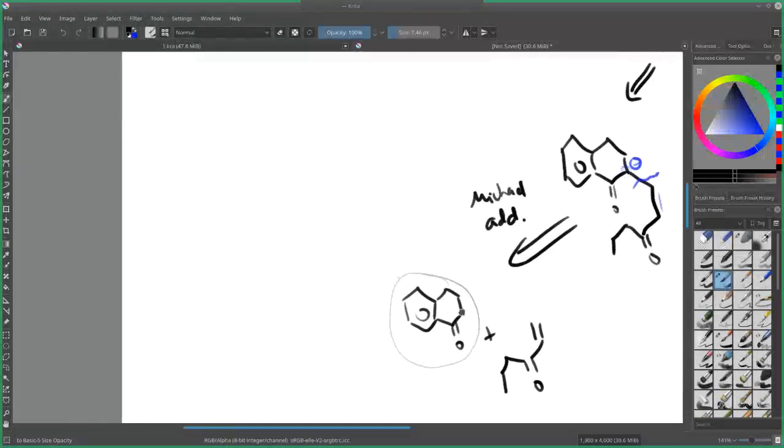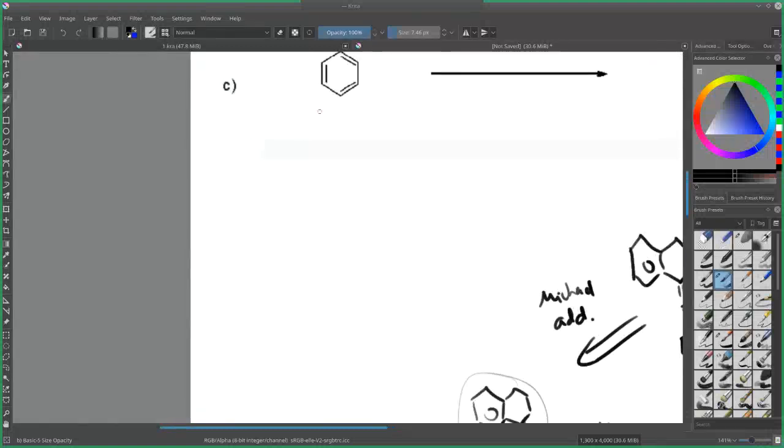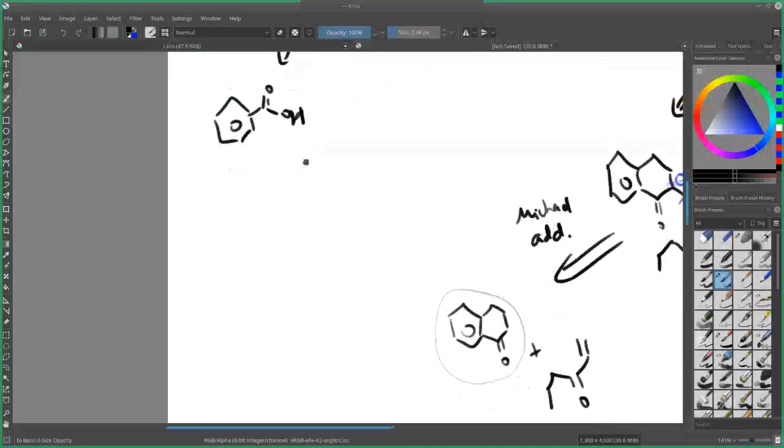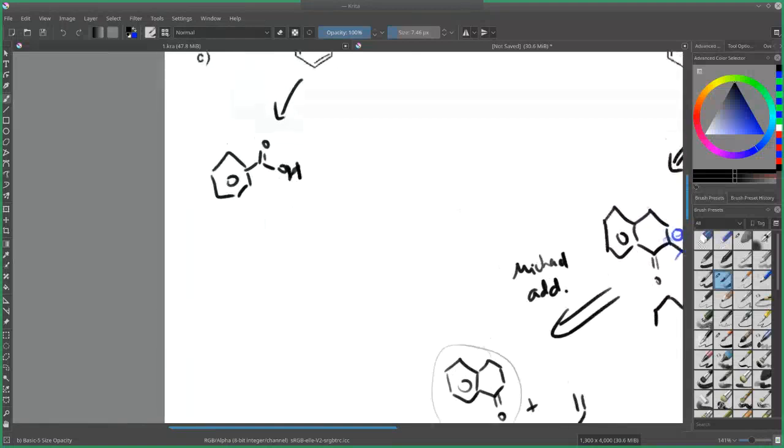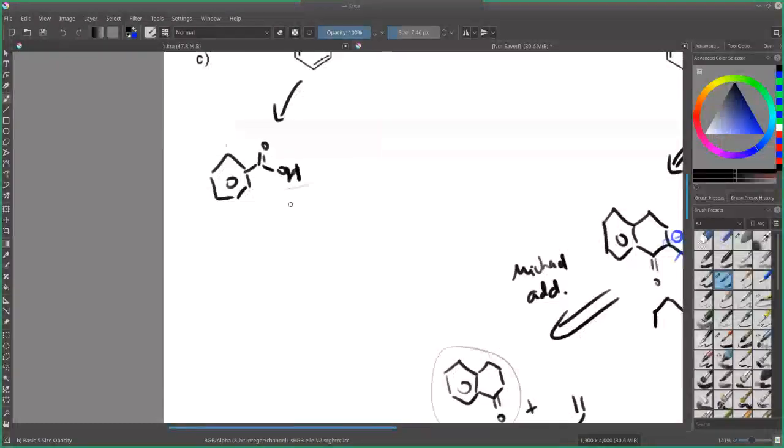Is it possible to start with making a carboxylic acid on the benzene? Let's see. So let's say we go forward and we make a carboxylic acid. Okay. And then from there, we're going to need to get rid of this OH somehow.